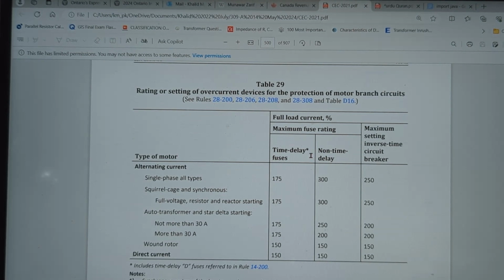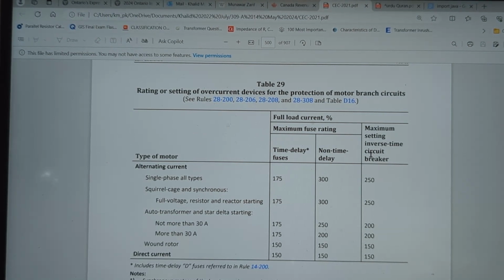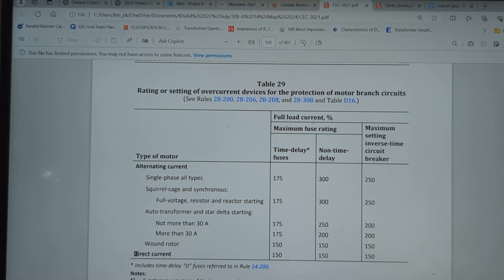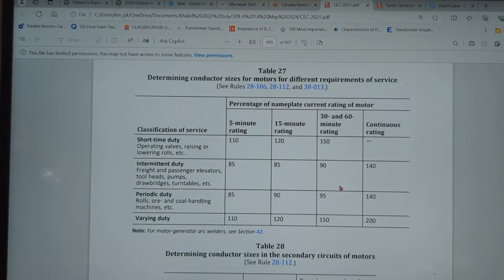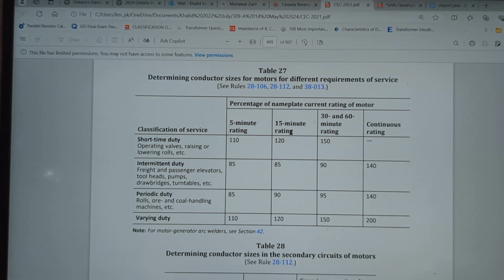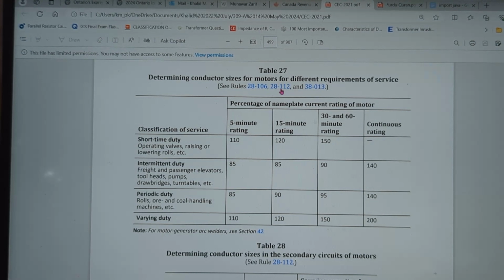Time delay fuses, non-time delay, and circuit breaker. Okay. Pay attention here, single phase and everything, and direct current. And 27 we use to find the conductor. If the motor is continuous duty, then straight away we multiply full load current by 125%. But if the motor is non-continuous, then we use these values, whatever will be given.